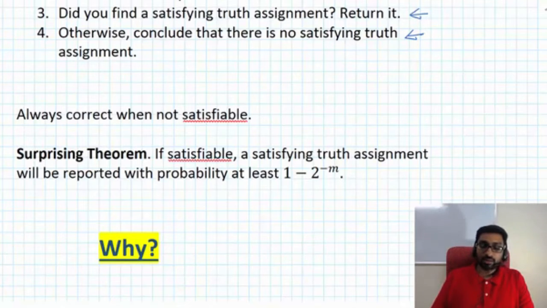If such a satisfying assignment exists, a satisfying truth assignment will be reported with probability at least 1 minus 2 raised to the minus m. And here m is an arbitrary number, so you can notice that you can make this probability arbitrarily close to 1, and it of course approaches 1 exponentially fast in m.